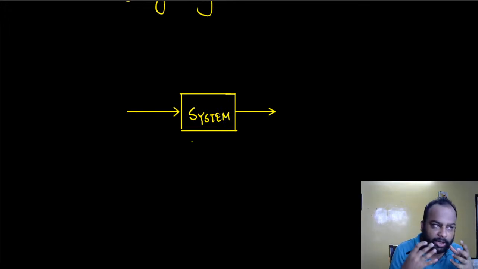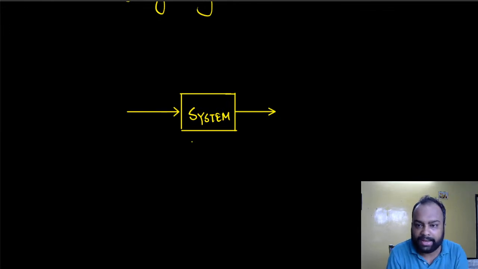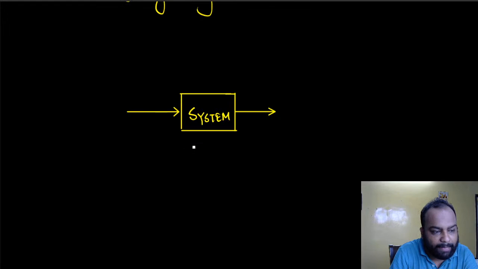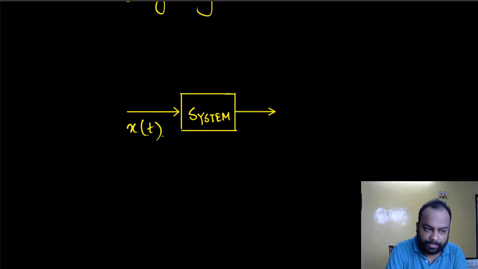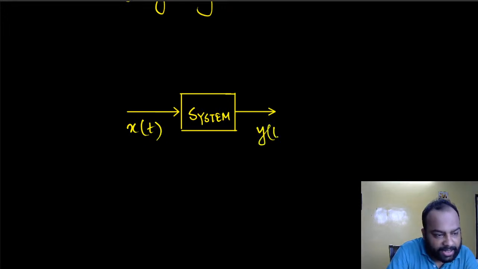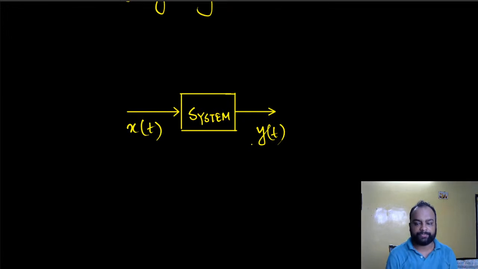How the system actually works inside, we are right now not concerned about that. We are simply concerned about the fact that we have a mathematical description that tells me how the system interacts with input signals and generates the responses or the output signals. That mathematical relationship is somehow known to us.